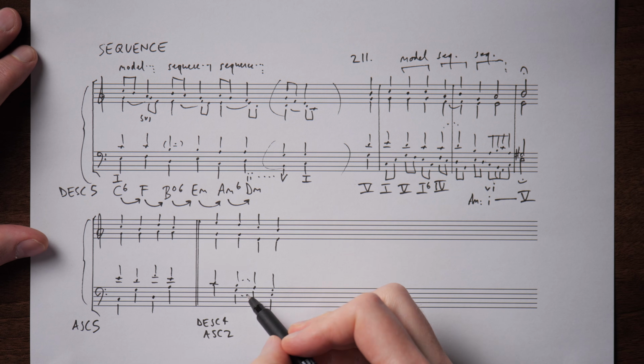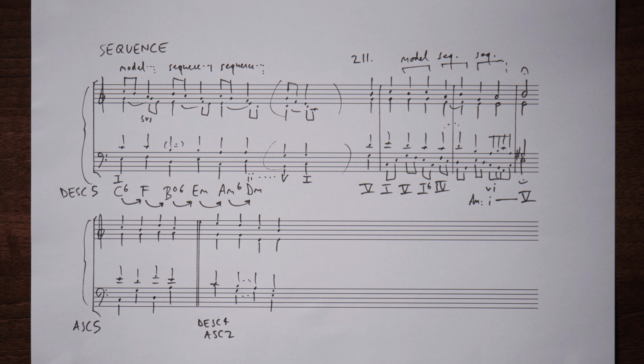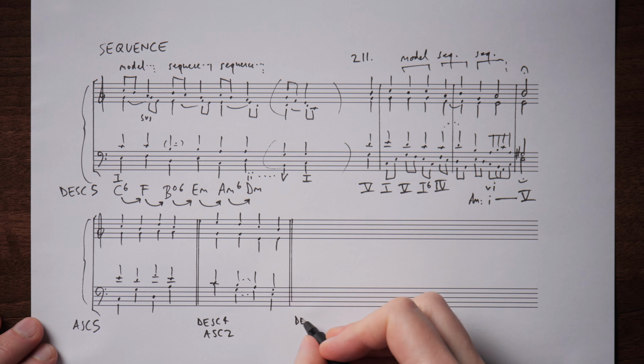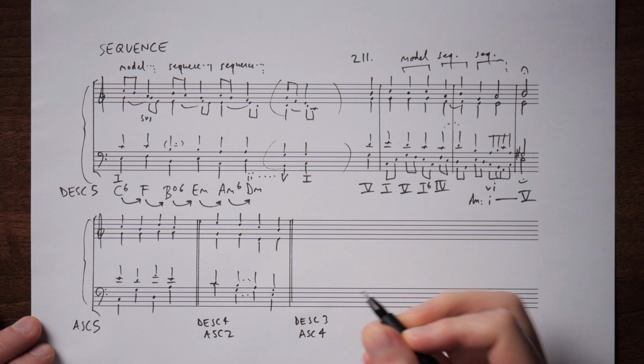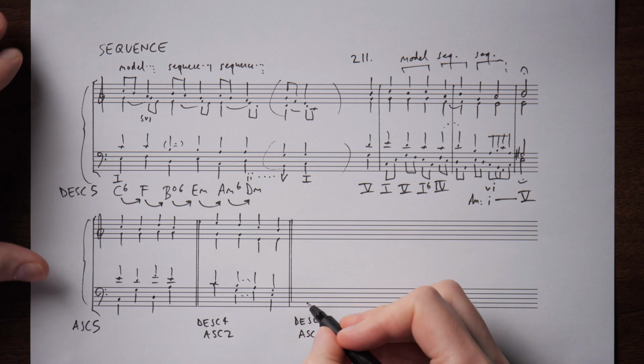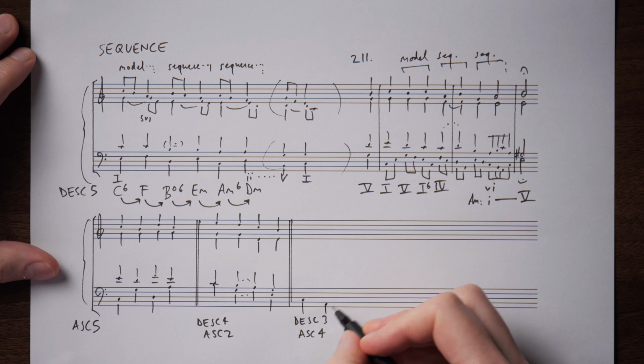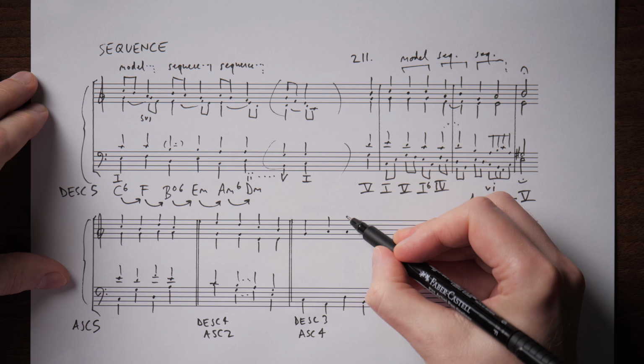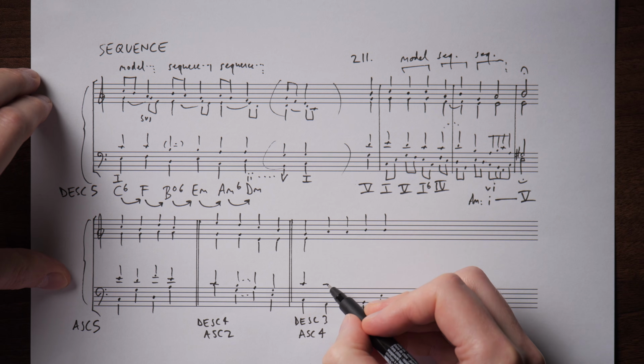This unison is approached in contrary motion. And the descending third, ascending fourth pattern. Down a third, up a fourth, down a third, up a fourth, which might go like this.